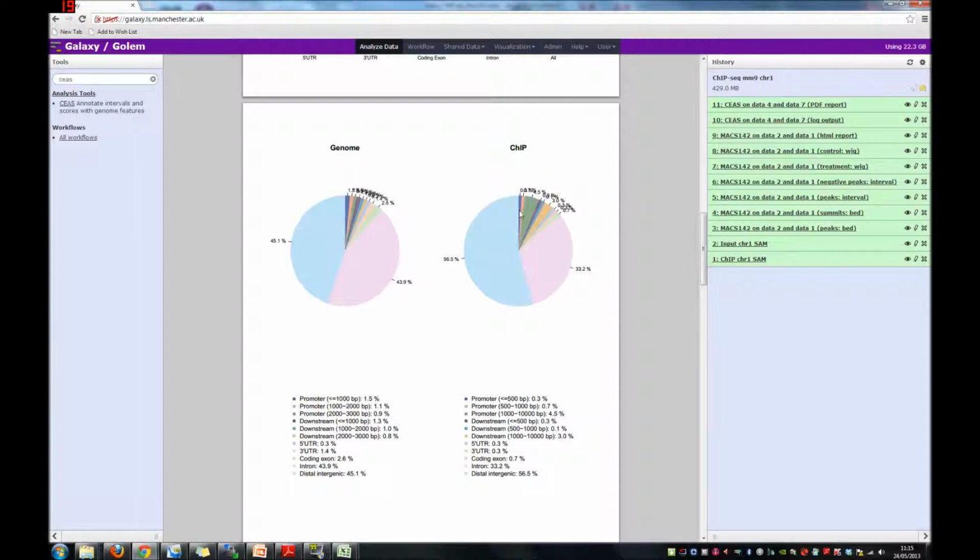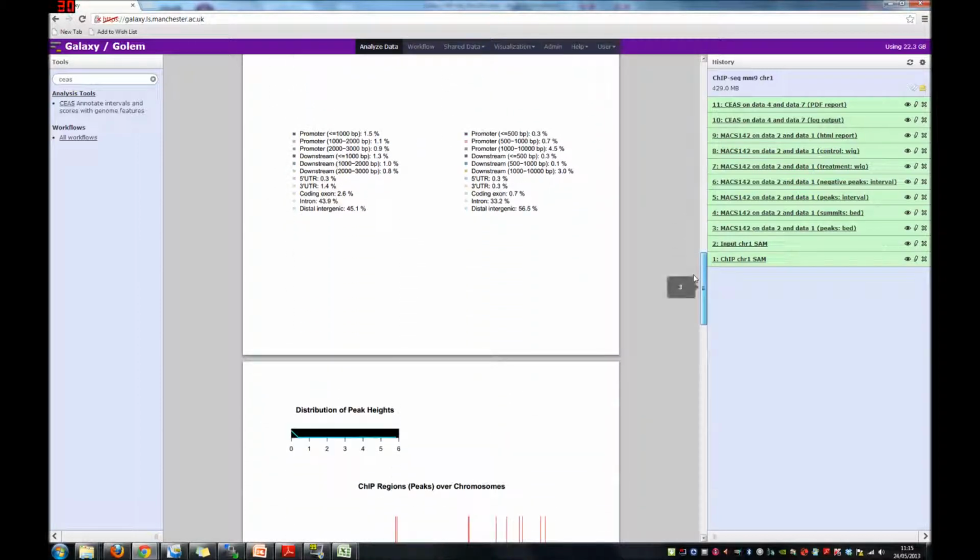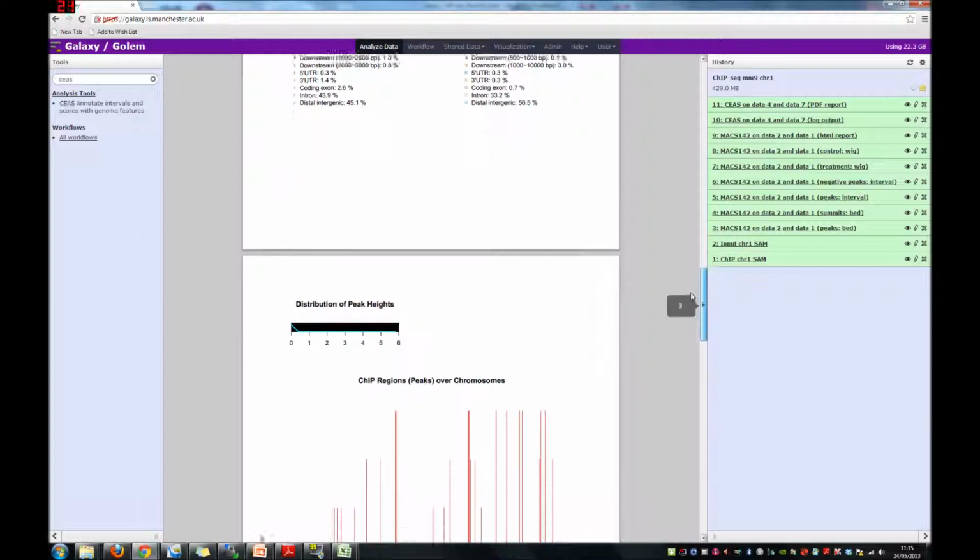So this could be quite interesting because it shows you whether the binding events tend to happen in promoters, whether they tend to happen as distal enhancers. So it just gives you a bit of extra information about your binding regions.